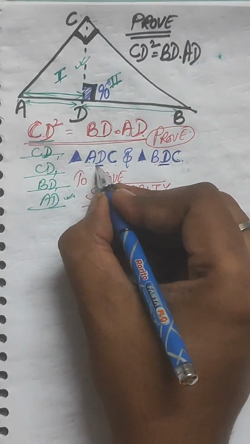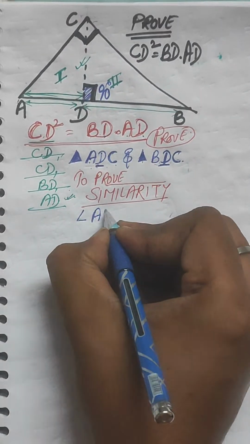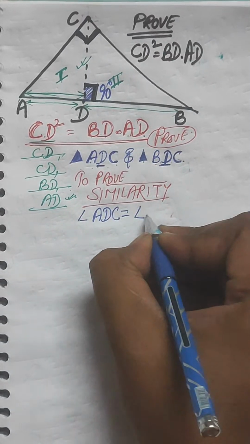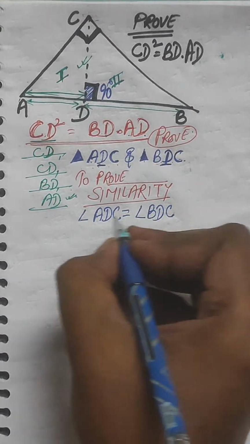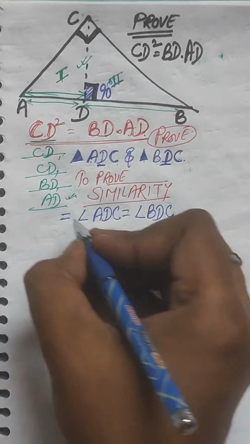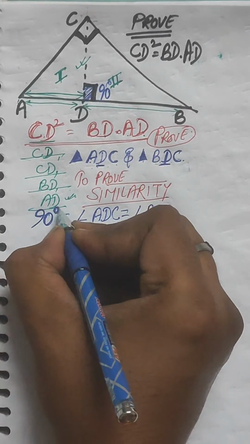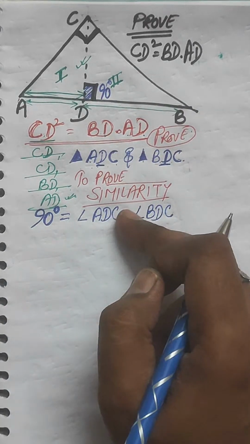So we can write angle ADC is equal to angle BDC, and both of these angles are equal to 90 degrees.